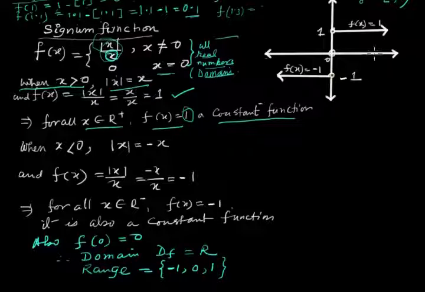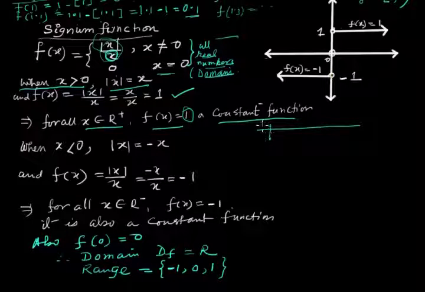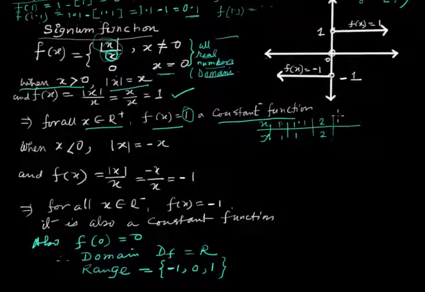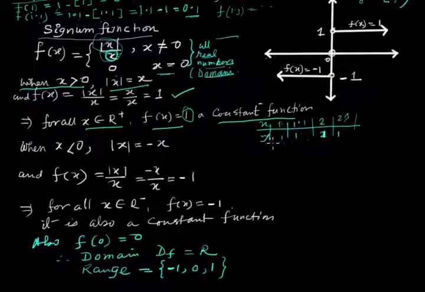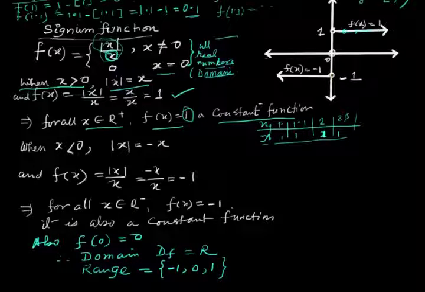For every positive value of x, when x is 1, the value is 1. If you take 1.1, the value is 1. If you take 2 or 2.5, the value is 1. So y is always equal to 1. If you plot the points and join them, we get a line parallel to the x-axis.